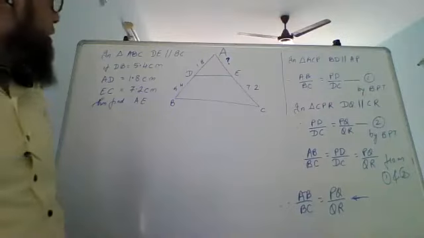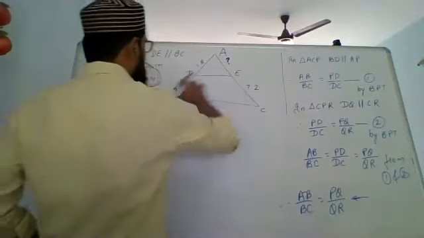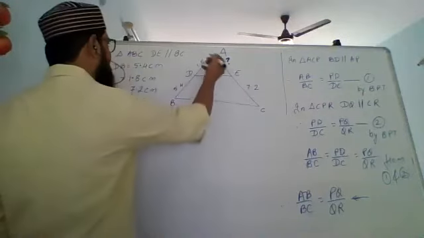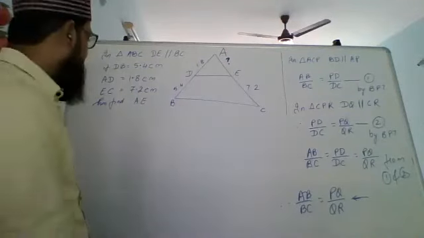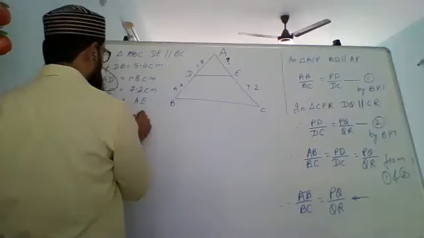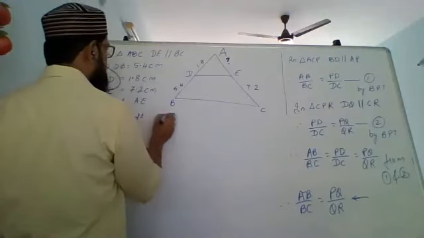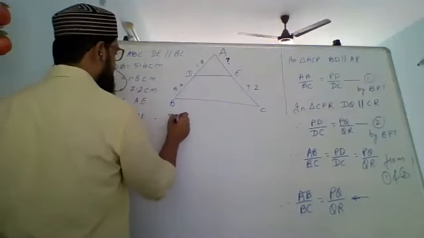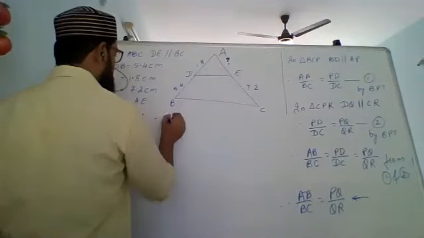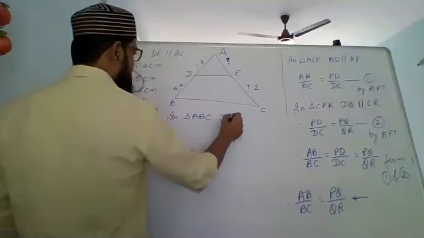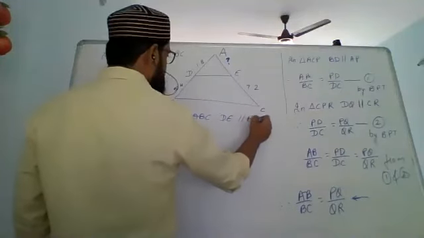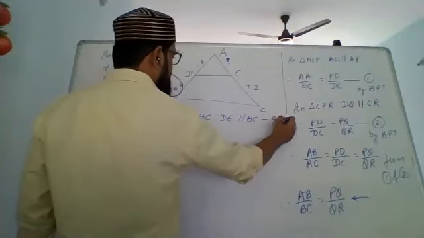Here you will see they have given DE is parallel to BC. DE parallel to BC means we will directly apply BPT first. Parallel is given, why has it been given to us? There must be some reason. So solution, what does it say? In triangle ABC, DE is parallel to BC. This is given.